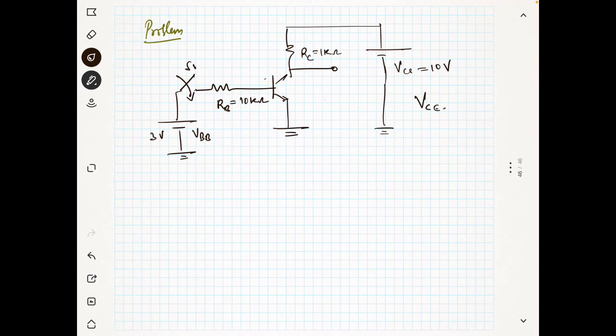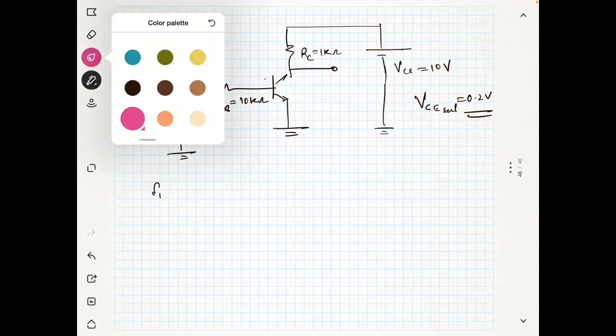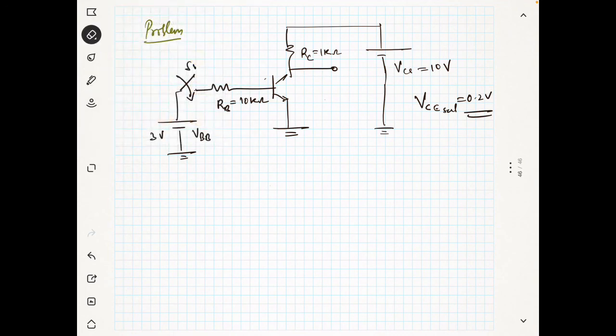Now we will see what will be the voltage, and also it is given that VCE sat is equal to 0.2 volt. Now we will see the first condition. When S1 is closed, what is IB? When you close S1, the transistor is biased.